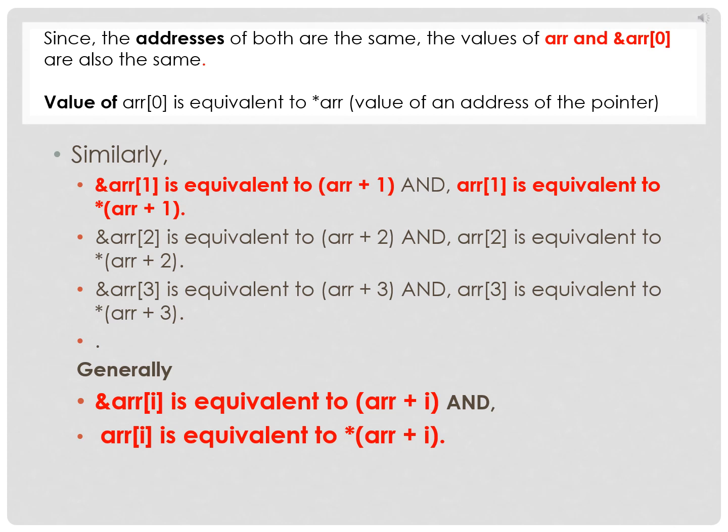Similarly, you can say for the third element and the fourth element. So if you are writing in general form, the address of arr[i] is equivalent to arr+i. When you are using a for loop, you will be using this format. And arr[i] is equivalent to *(arr+i).